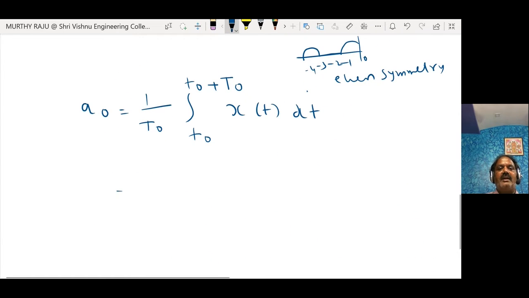Here T naught, the time period of the waveform, is 4, so 1 by 4 times the integral from minus 2 to 2 of x of t dt.